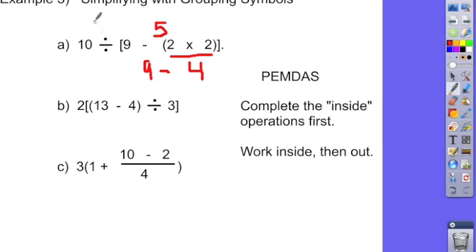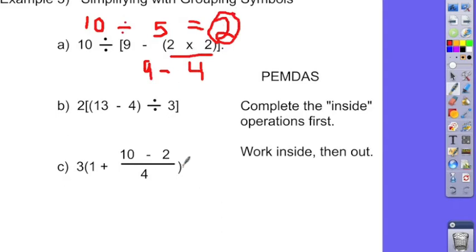So the total value of what's inside our brackets is 5, and now we'll bring in what's outside of the brackets, the 10 divided by. So now we're dividing 10 and 5, and we know 10 divided by 5 is going to equal 2. So our first expression will simplify to a value of 2.